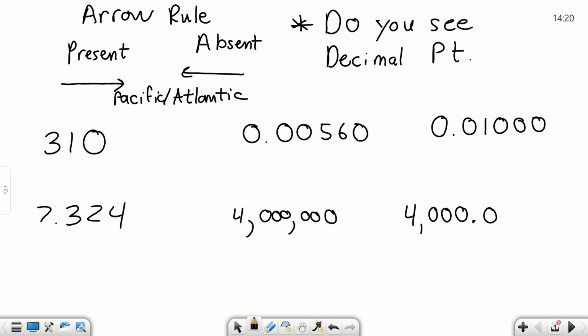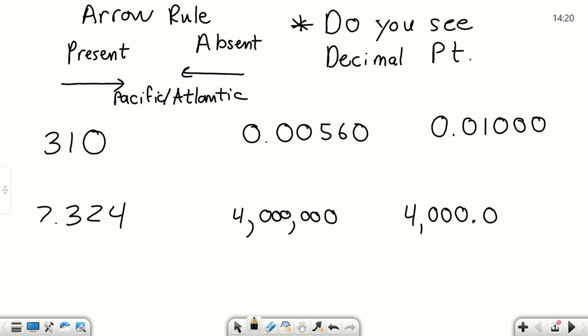I don't even know if it's really called that, but teachers use the idea of thinking of the Pacific and the Atlantic with the United States. The Pacific's on the left, the Atlantic's on the right. If the decimal point is present, P for Pacific, your arrow comes from the Pacific inward. If there is no decimal point, it's absent, it's coming from the Atlantic, going toward the left. And again, we're going until we hit a non-zero number.